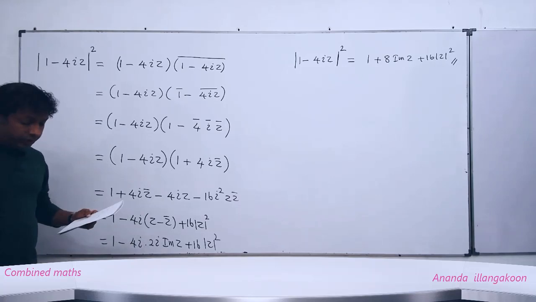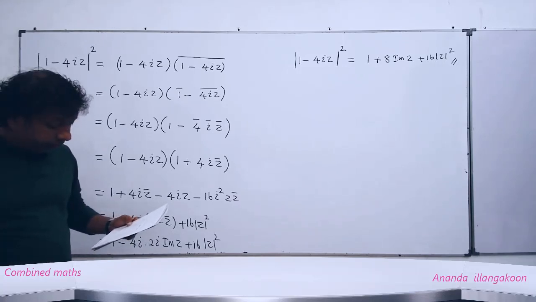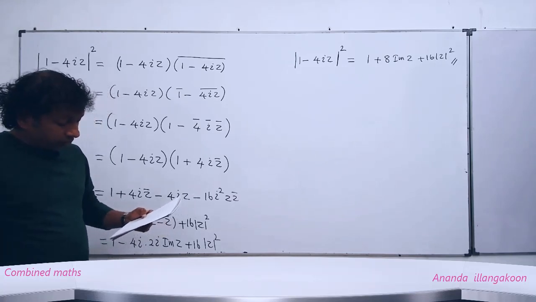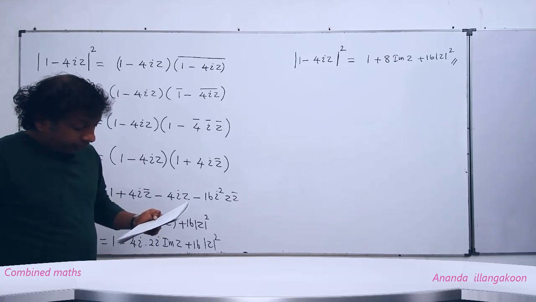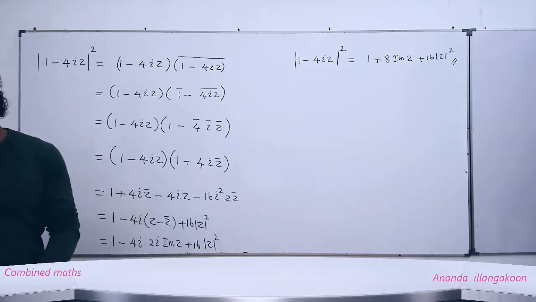Right, next one, people: deduce that the modulus of z plus 4i is greater than the modulus of 1 minus 4i z if and only if mod z is less than 1. Right. Okay, we'll count that.